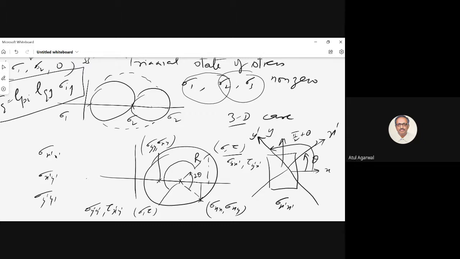You have to just find this angle. R into cos of this angle will be your sigma. Tau will be, whatever is this angle, suppose you call it phi, R sine phi will be tau. So the only thing is you have to just find what is this phi. And this you can do by geometry easily.